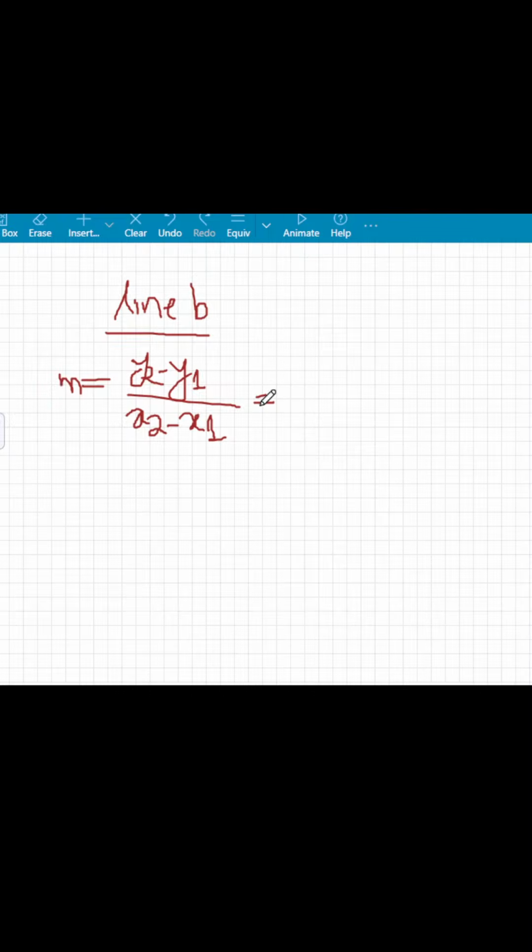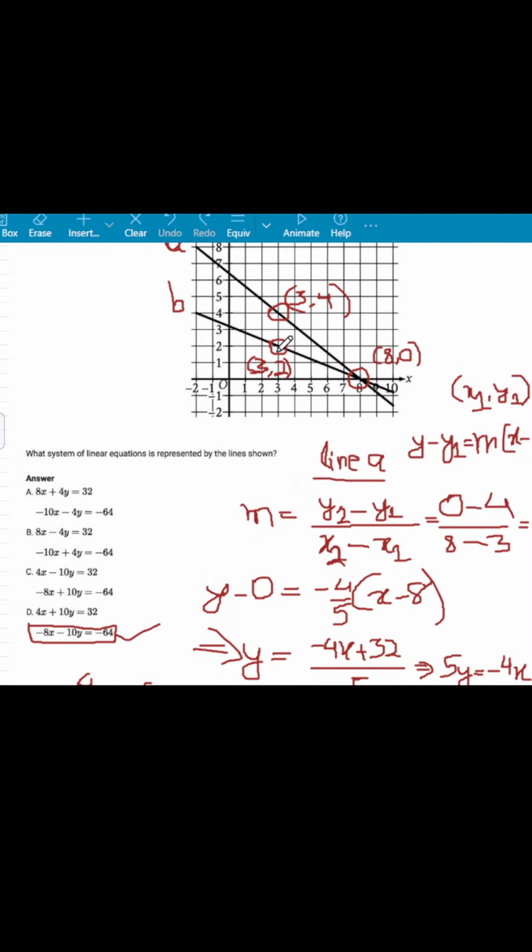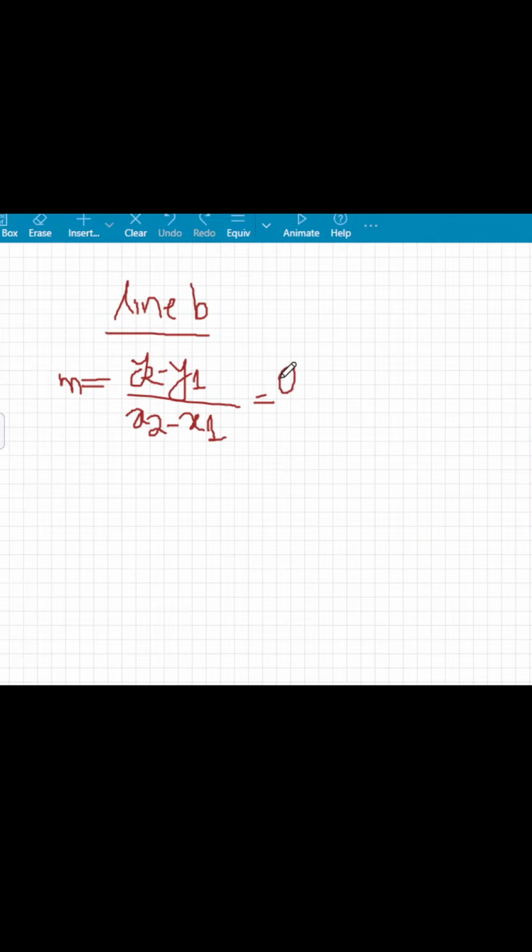And then y2 minus y1 will be 0 minus 2 and x2 minus x1 is 8 minus 3. So this will be minus 2 by 5.